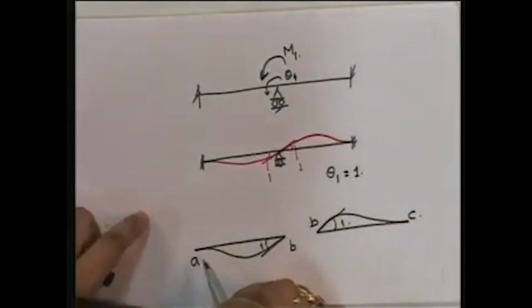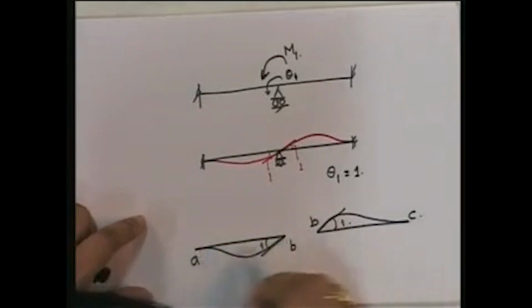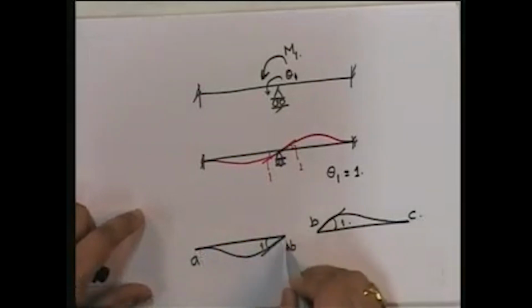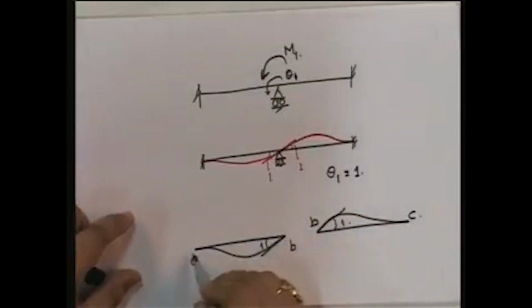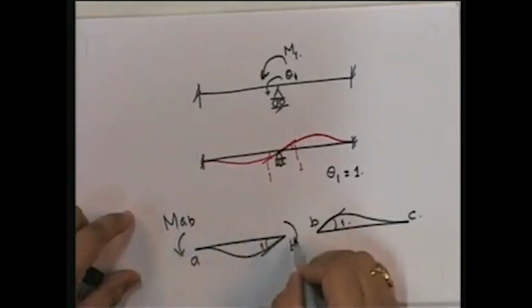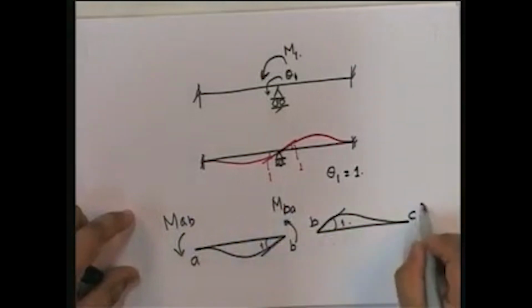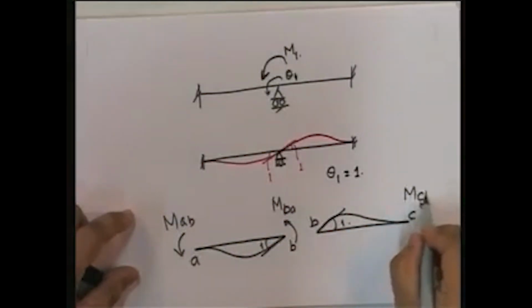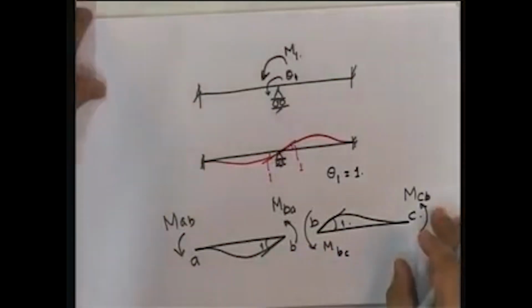So note, I have a situation where in a member, I know the rotations at the two ends and the displacement, if any, of B relative to A. Since I know these, can I find out the bending moments at the two ends, which are M AB, M BA here, and here it's going to be M CB, and this is going to be M BC? Can I find these out in terms of these rotations? Sure. Apply the slope deflection equations. What do they give me?